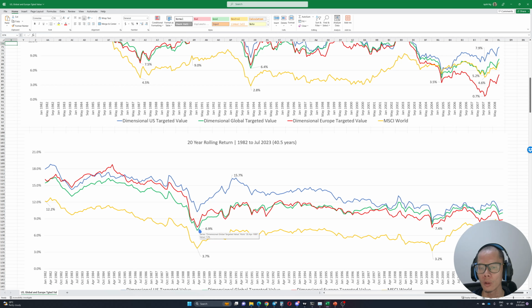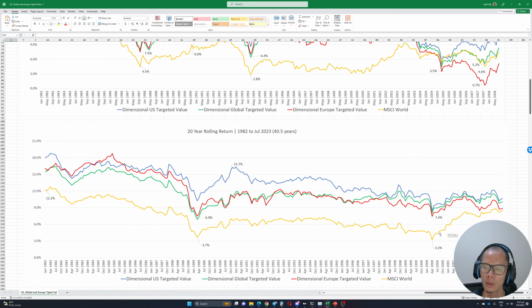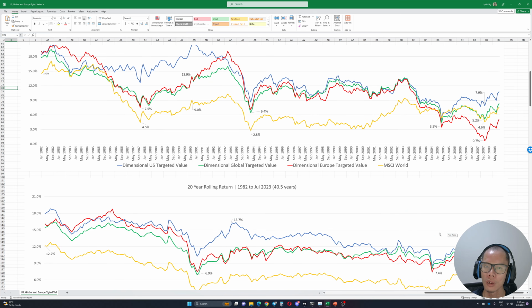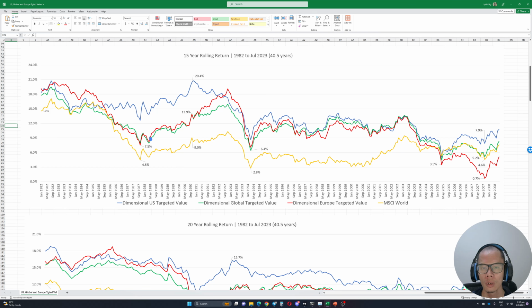Like the lowest is about, even Europe by itself, the lowest is 7.4% over 20-year periods. That's pretty good in this regard. And you can see over here, let's say a 15-year period, the lowest probably is over here, 4.6%.